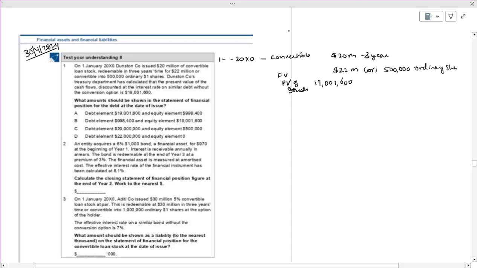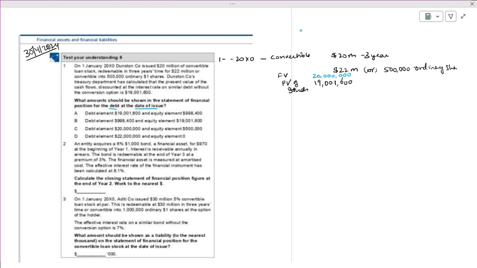The face value of the bond is 20 million. The present value of the bond is 19,001,600. What is the amount of debt we have to show on the date of issue? Can you tell me please?